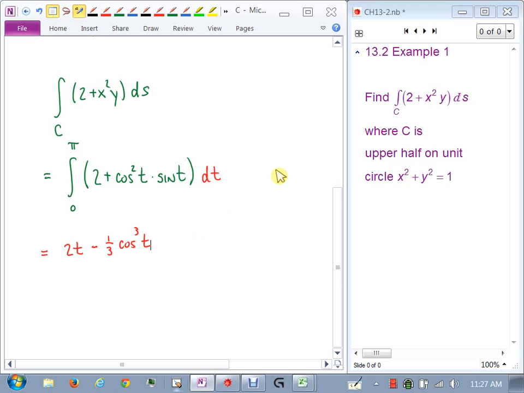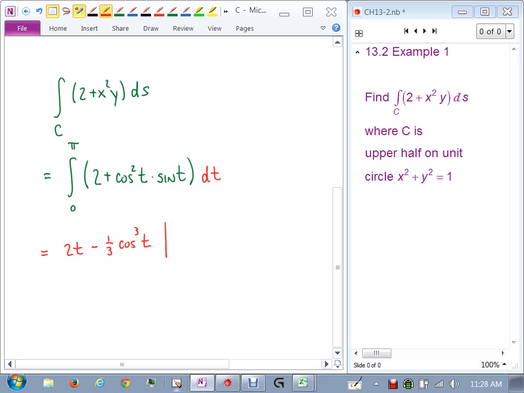Is that right? What's the derivative of this? Take the derivative. You get the 3 comes out, right? Gone. You'll have cosine squared t. Then the derivative of cosine is negative sine, so there's that. And then the negative comes out and hits that negative, becomes plus, so that should work. Now, how would you do that? Just a u substitution. U is cosine t, and then rewrite the integral. But I would expect you could do that on your own.